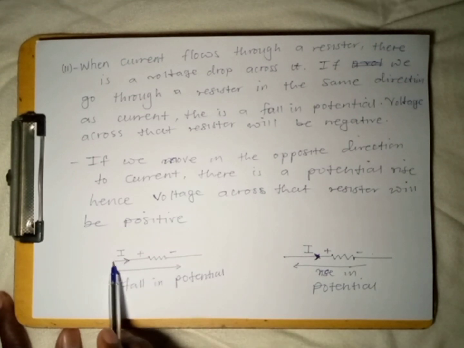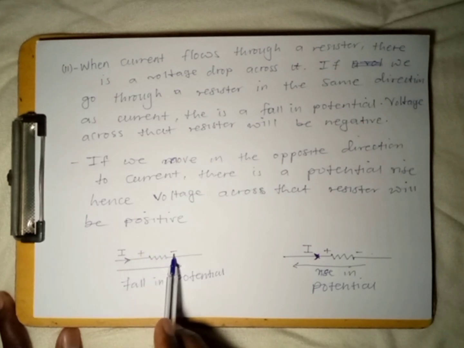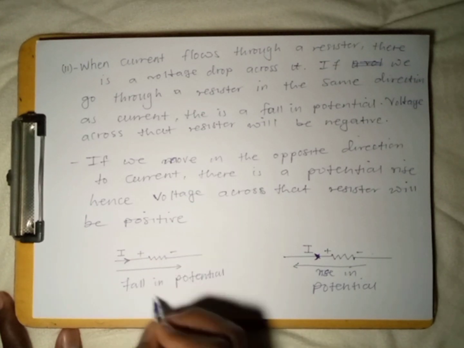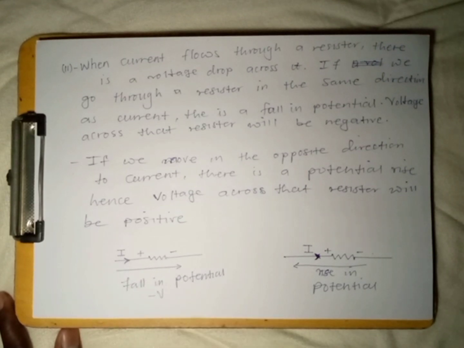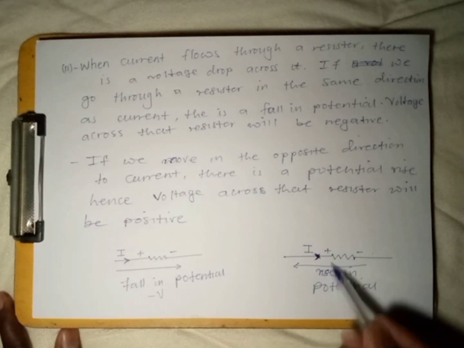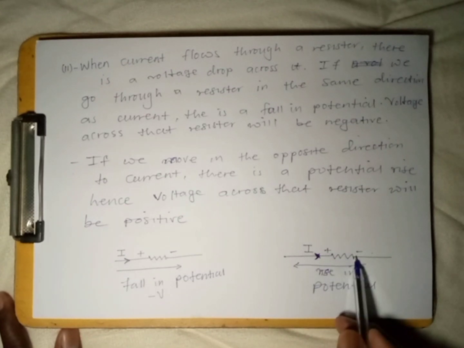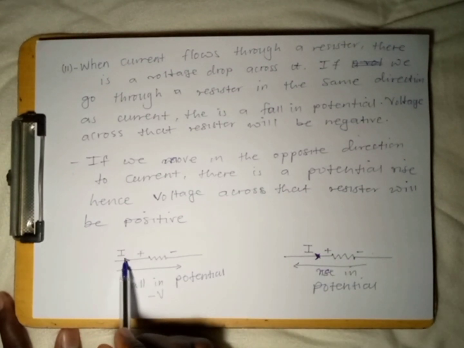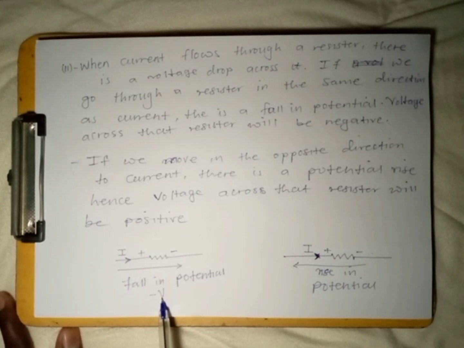If you are moving in the same direction, the voltage across this has to be negative because we are moving from positive to negative. So here we are going to have a fall in potential, which is going to be a negative voltage. Here, I know that current is moving in that given direction, and we are moving in the same direction as current. You've chosen to move in the same direction as current. That's why this is negative.